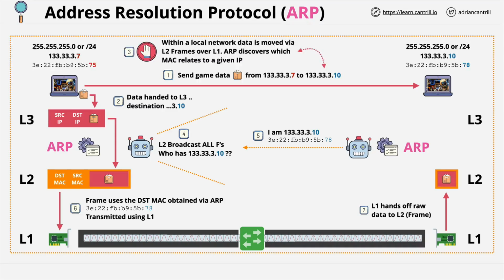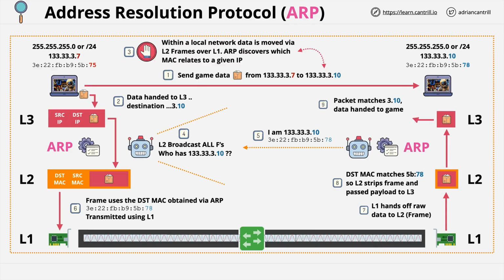Now its layer 2 software reviews the destination MAC address and sees that it's destined for itself, so it strips off the frame and sends the packet to its layer 3 software. Layer 3 reviews the packet, sees that it is the intended destination, and de-encapsulates the data, so strips away the packet and hands the data back to the game.